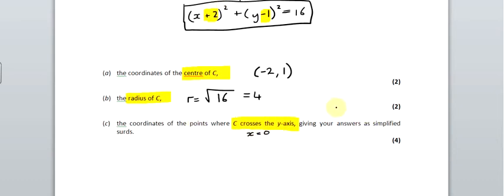It's also telling us simplified surds, that means use the formula. Don't bother trying to factorise. So off we go. We take our equation of a circle and we're going to stick x equals 0 into it. So I've got 0 plus 2 squared plus y minus 1 squared equals 16.